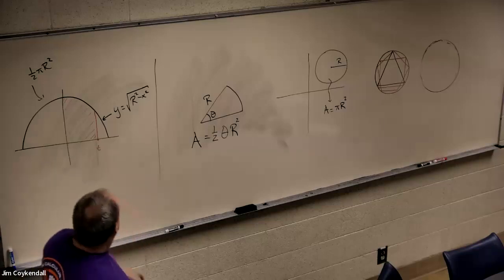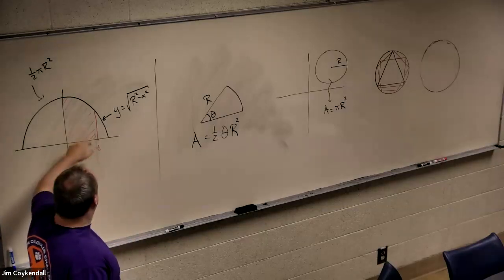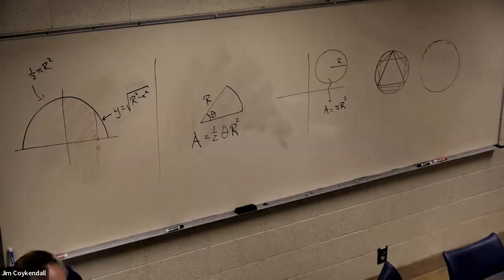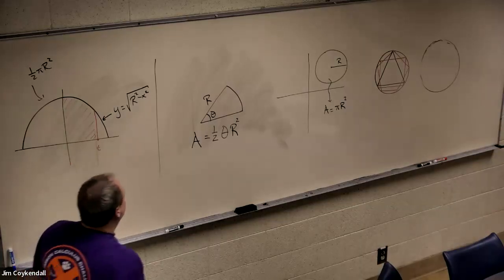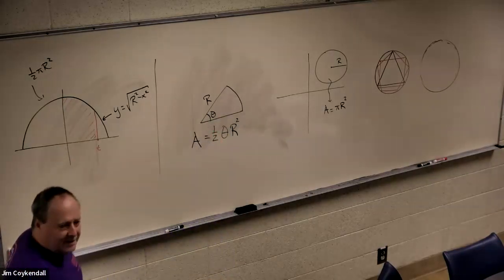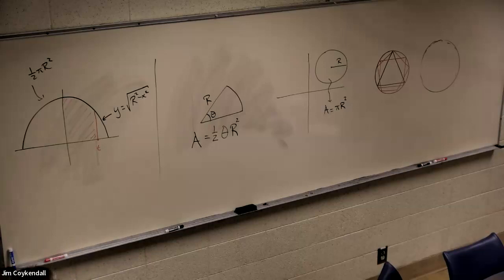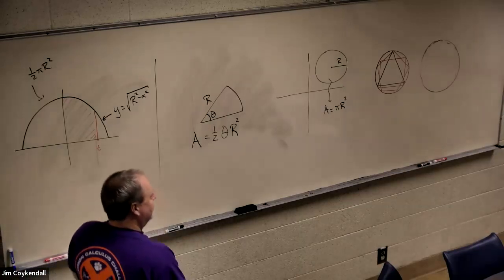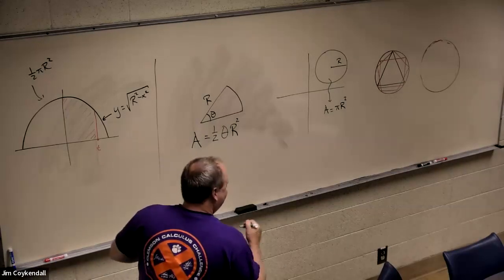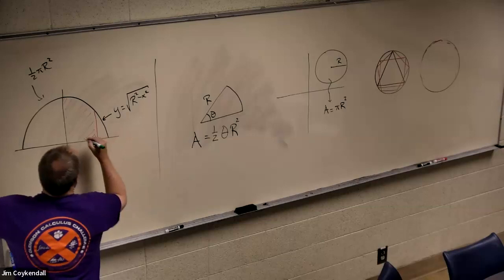So, can somebody look at this kind of thing I've got in red here and tell me, now that I know the formula for the sector, how can I figure out this? Very good.